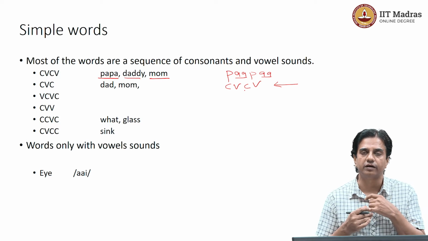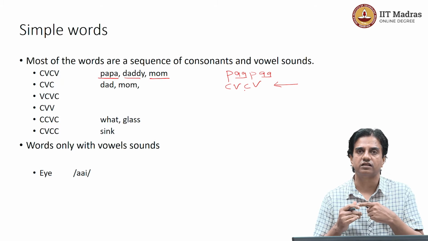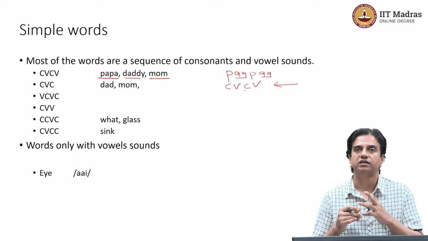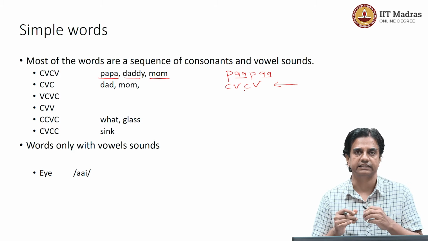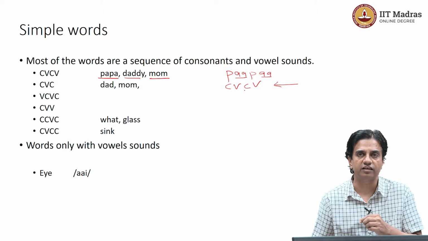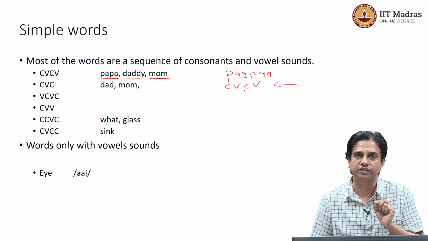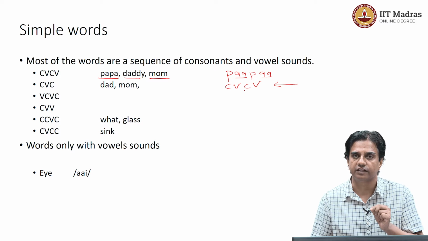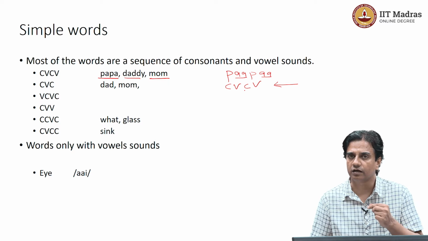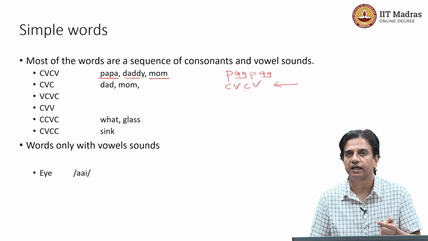So, when we say pa, ka, cha, ta, ma, take any. You can try it with all 24 consonant sounds in English. The only vowel sound that you find inbuilt, which becomes slightly prominent at the end of it, is a. That is, when we say pa, we hear a at the end of it.